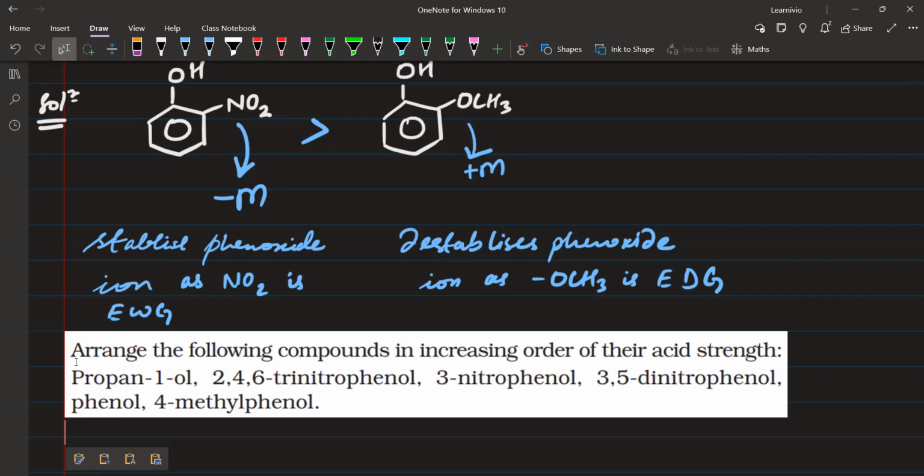Can you please send if you have drawn the structures at least? We'll take one more minute, guys, and then we will discuss the answer.